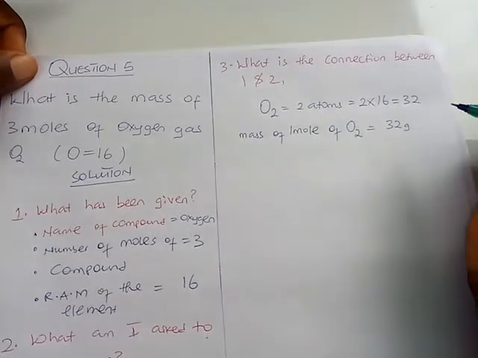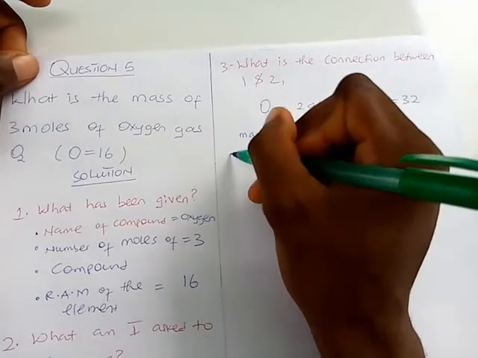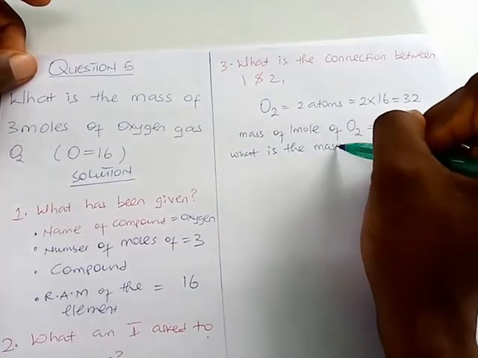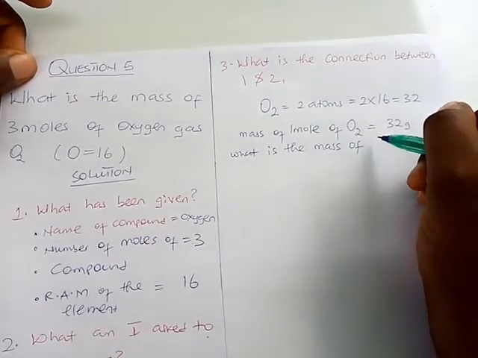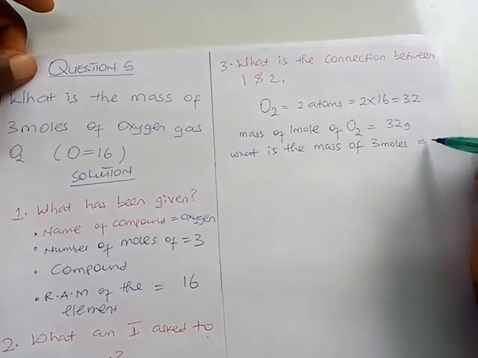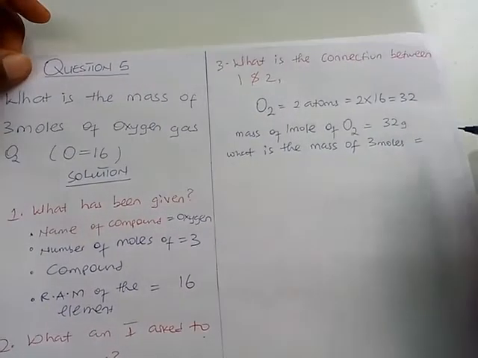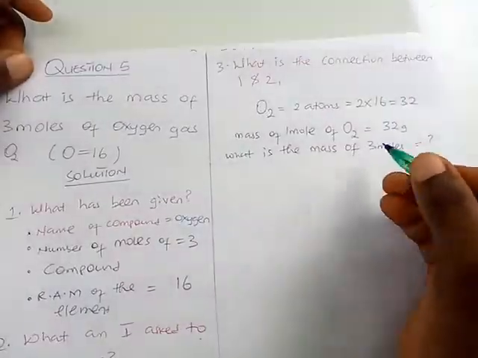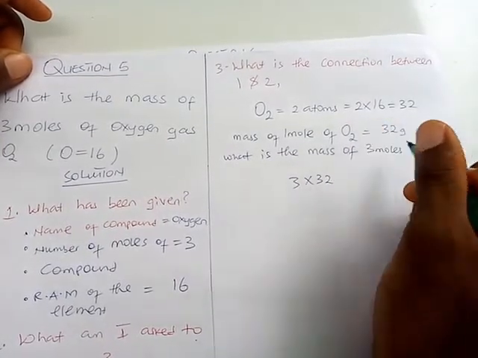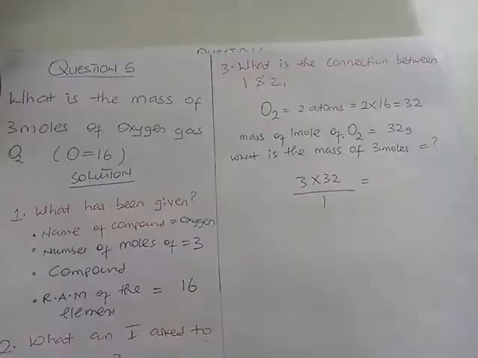That's the molar mass of oxygen gas. Therefore, we ask ourselves, what then is the mass of 3 moles? So we just cross multiply. That's trying to solve for it. We usually use this: 3 times 32 all over 1.